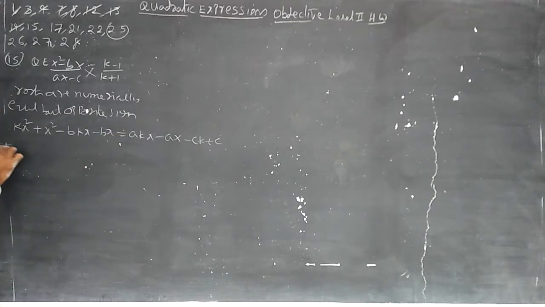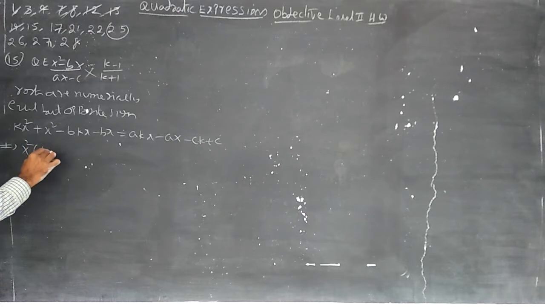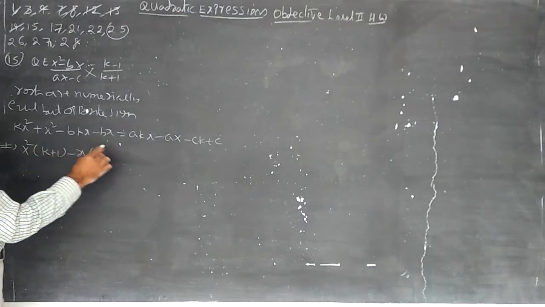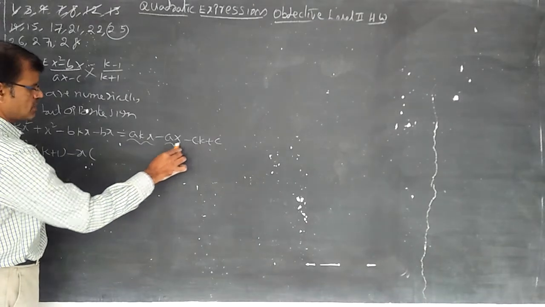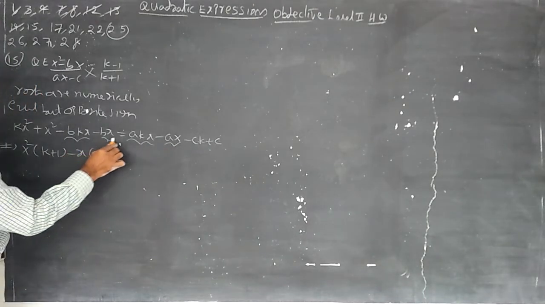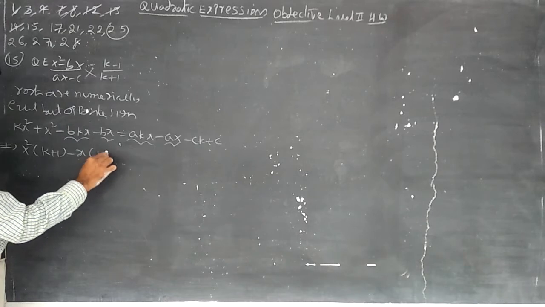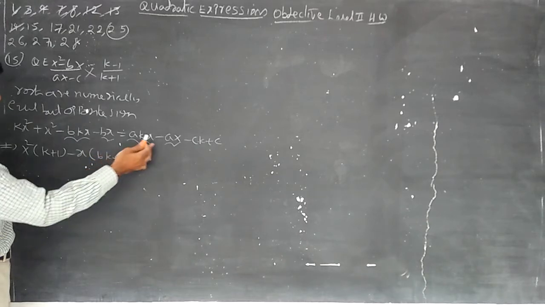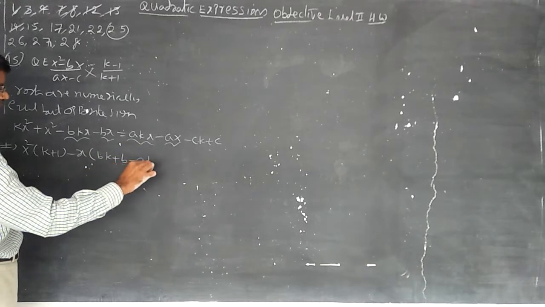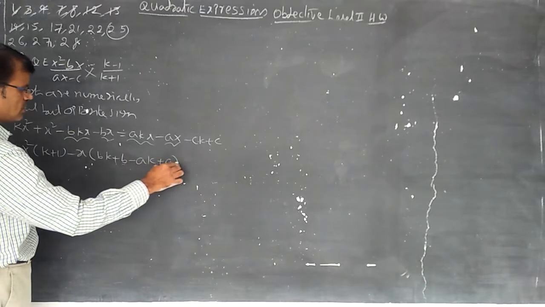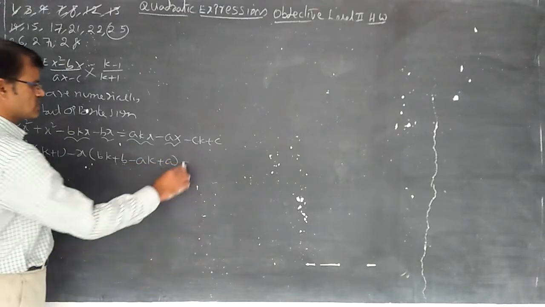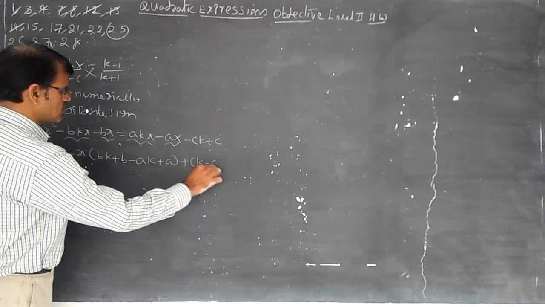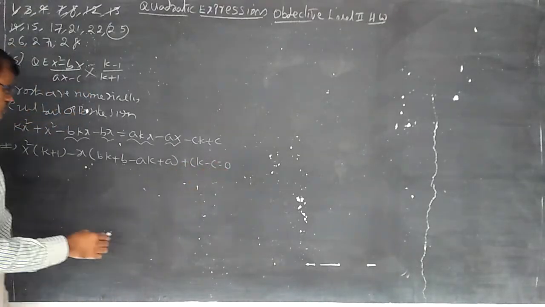That implies x square taken common, simply k plus 1. Minus x taken common, it becomes bk plus b minus ak plus a. Plus ck minus c is equal to 0.